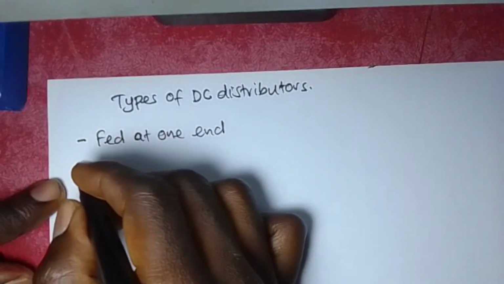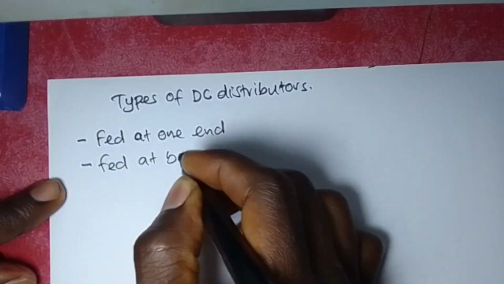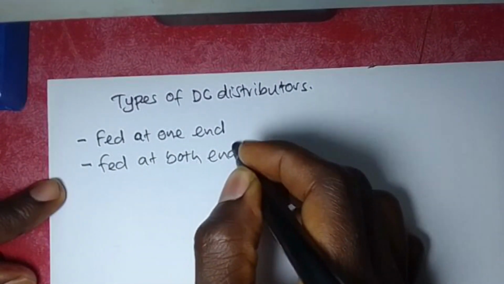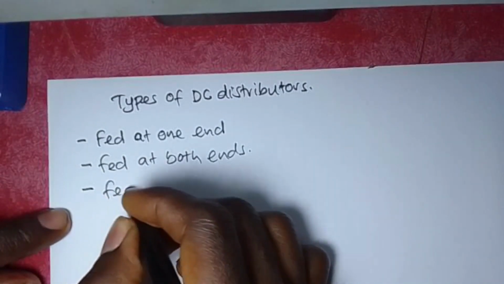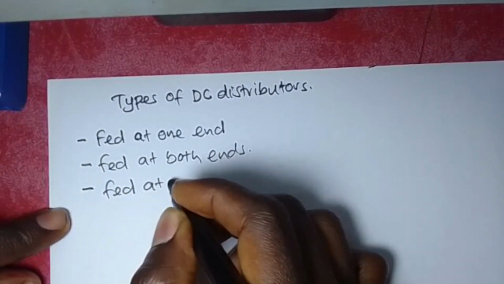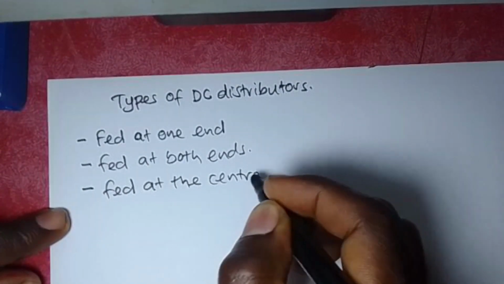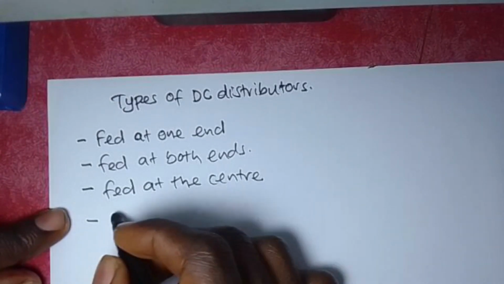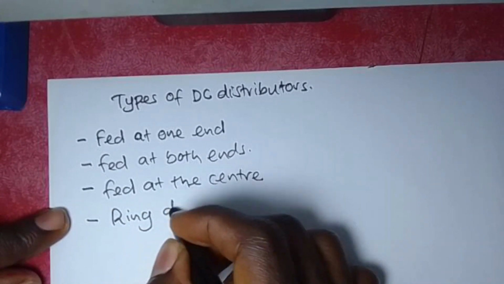Then we have DC distributors fed at both ends. Then we have also DC distributors fed at the center. Then finally we have ring distributors.